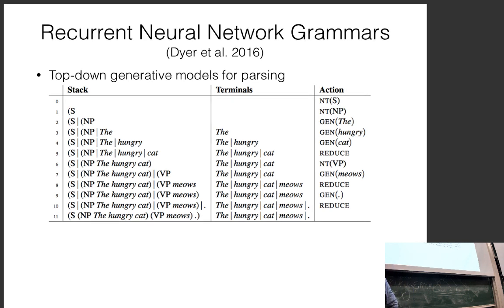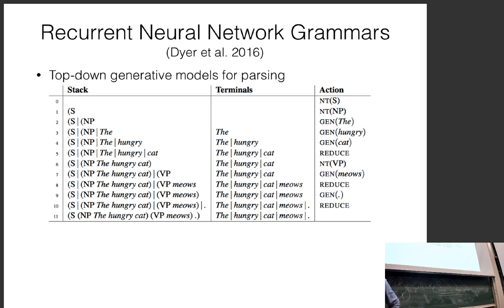So this is essentially how it works. It's a left to right model, and you have your stack, which you build up with partially created trees. So this is the start of a sentence, the start of a noun phrase. Then you generate a few words in the noun phrase.